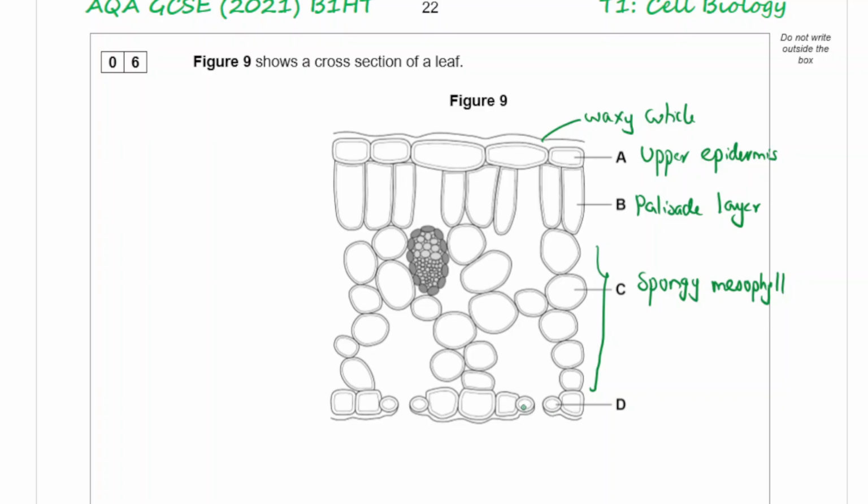And D is talking about these two cells which are on both sides of this gap. So this is the lower epidermis. D is actually guard cells, and that's the stomata.